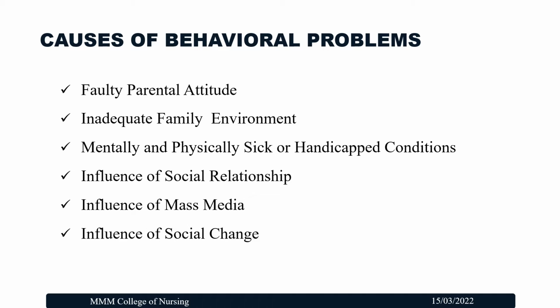Mentally and physically sick or handicapped conditions also influence social relationships. The mass media also influences the child's behavior, and social change is another reason for changes in child behavior.